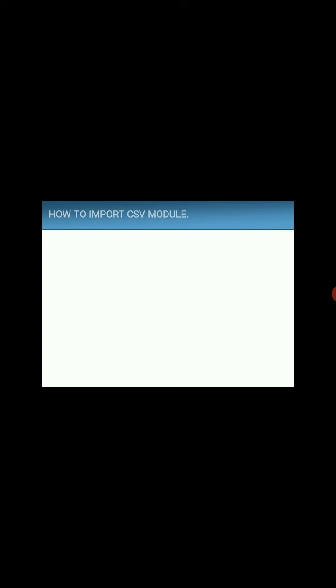Now we are talking about Python, how we can create a CSV file. So first, to create a CSV file, we have to import the csv module. So how do you import? You just write import space csv.